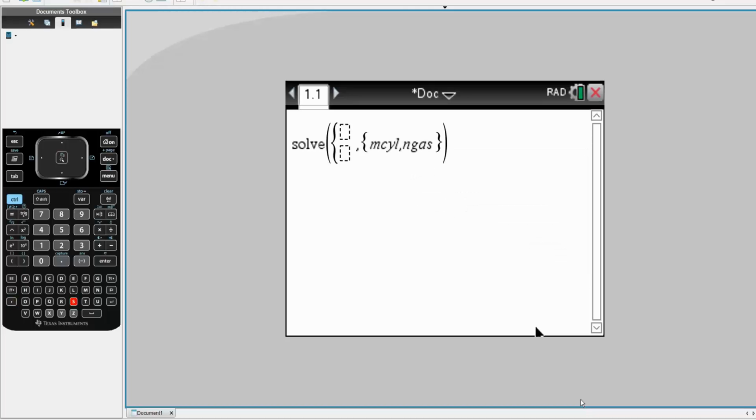And so now we write what we have. So 25.28 is equal to the mass of the cylinder plus n gas times 28.02. Second one was 25.44 is equal to the mass of the cylinder plus n gas times 44.01.